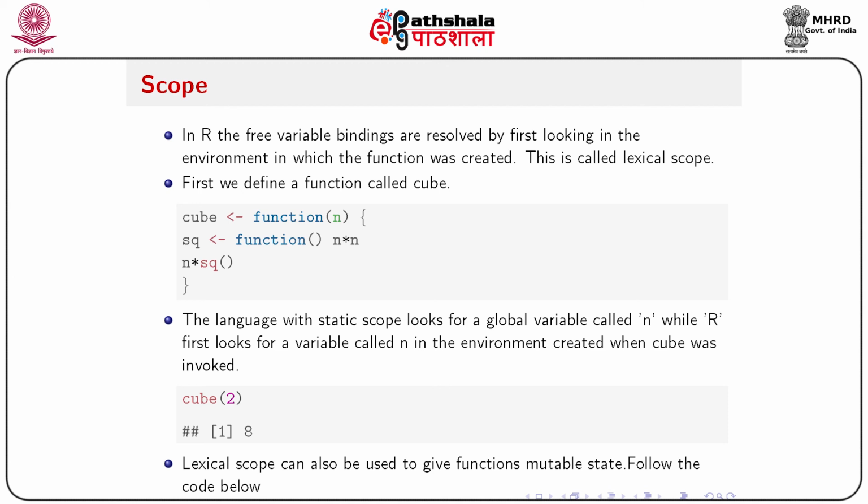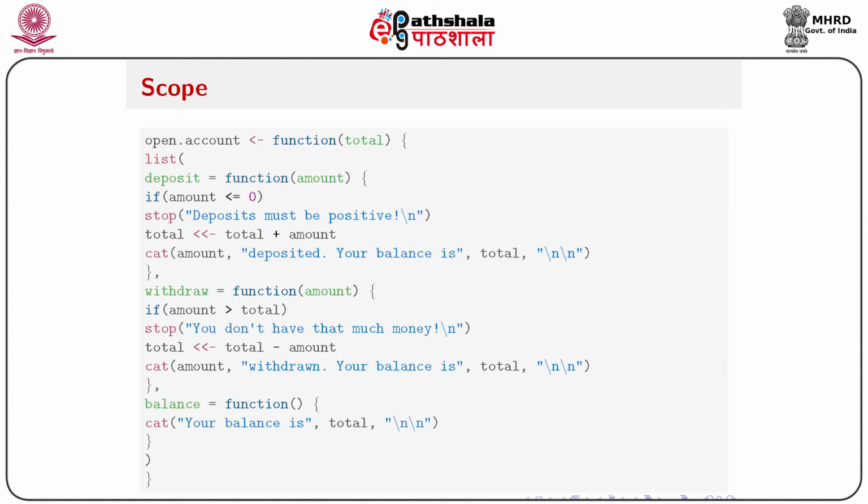Follow the code below. Here I just created one piece of code where open.account equals function total list and deposit amount. Once deposit, if the amount is less than or equal to 0, then stop, deposit must be positive. And if more than 0, then total equals total plus amount. Whatever you deposited should be added to the total, the total available balance in your account before you deposit.